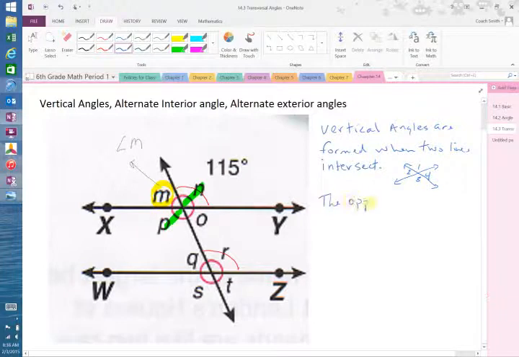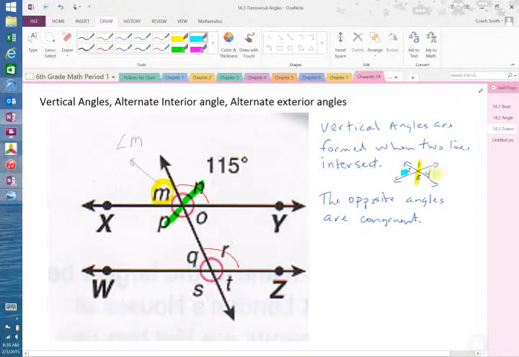The opposite angles are congruent. That means 1 and 3 are congruent, and 2 and 4 are congruent. What does the word congruent mean?